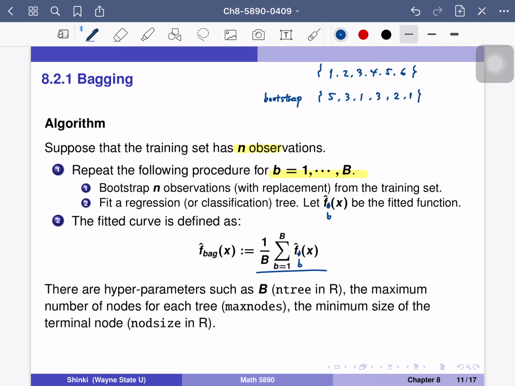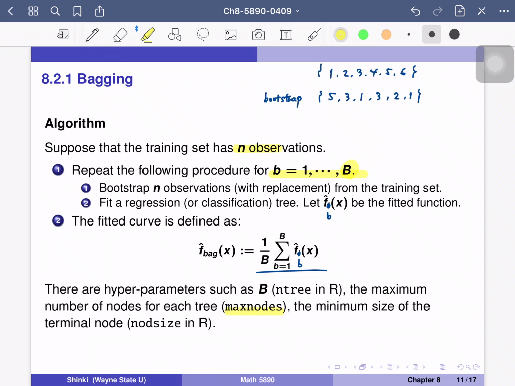Of course we have to decide several hyperparameters. For example, this B, how many trees we make. Actually, this isn't really important to determine the prediction performance. And also the maximum number of nodes for each tree, which can be specified with the maxnodes option in R. And also the minimum size of the terminal node.